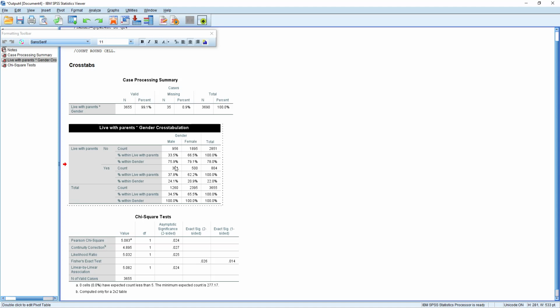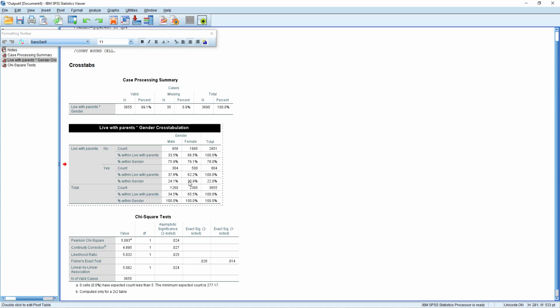So if we just look at these statistics, that's the within gender, it does seem that there's a difference. 75.9% of male students aren't living with their parents, while 24.1% are. In contrast, there seem to be more female students, 79.1%, who are living away from home, and 20.9% of students who are living with their parents.